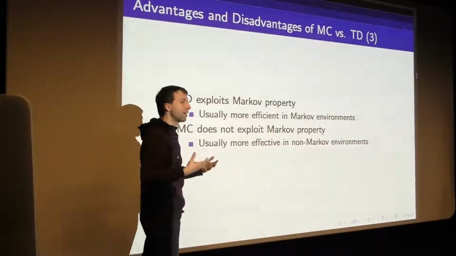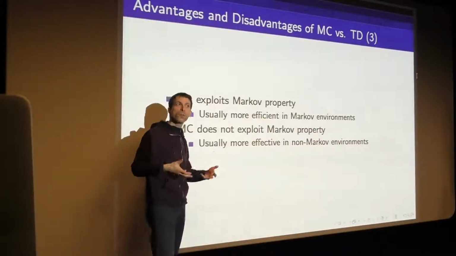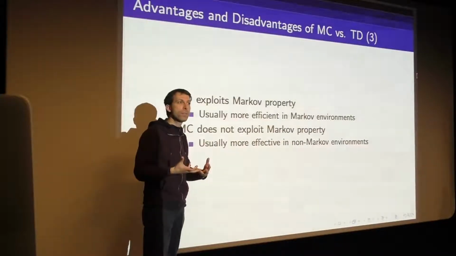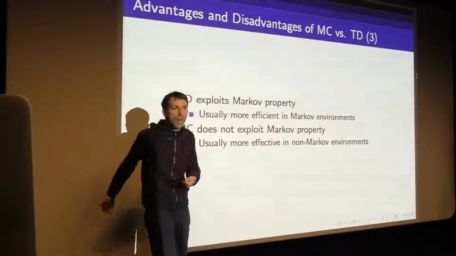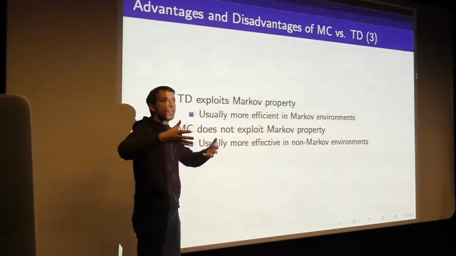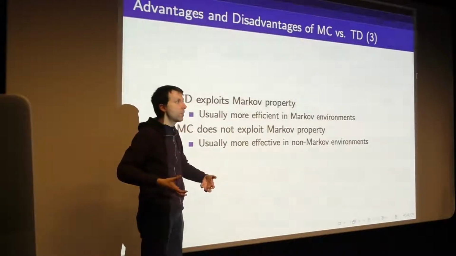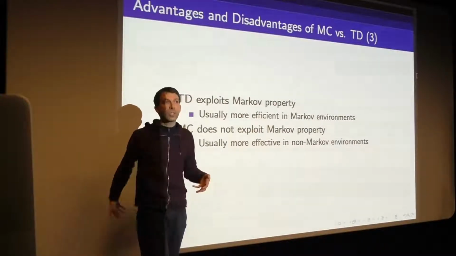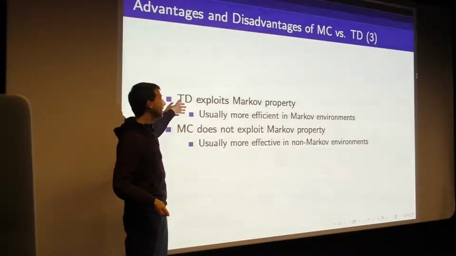And that means that in Markov environments, TD normally is more efficient because it actually makes use of that Markov property. It makes use of the property that you don't need to just blindly look at complete trajectories. You can understand the environment in terms of states, and we know that certain properties of those states have to hold, that the state has to summarize everything which came before. And that's why TD is more efficient.